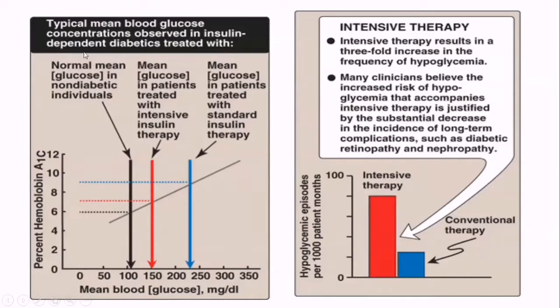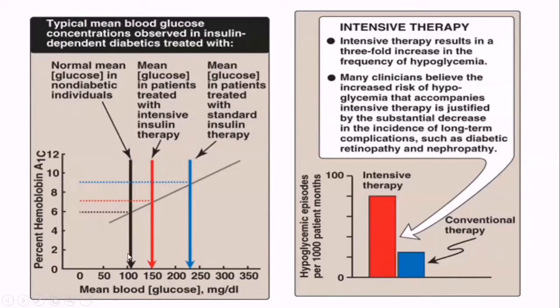So here you can see the typical mean blood glucose level in insulin dependent diabetics, and normal blood glucose in non-diabetics is around 100, whereas with the insulin pumps it can be around 150, and the mean glucose in patients treated with standard insulin therapy is higher.